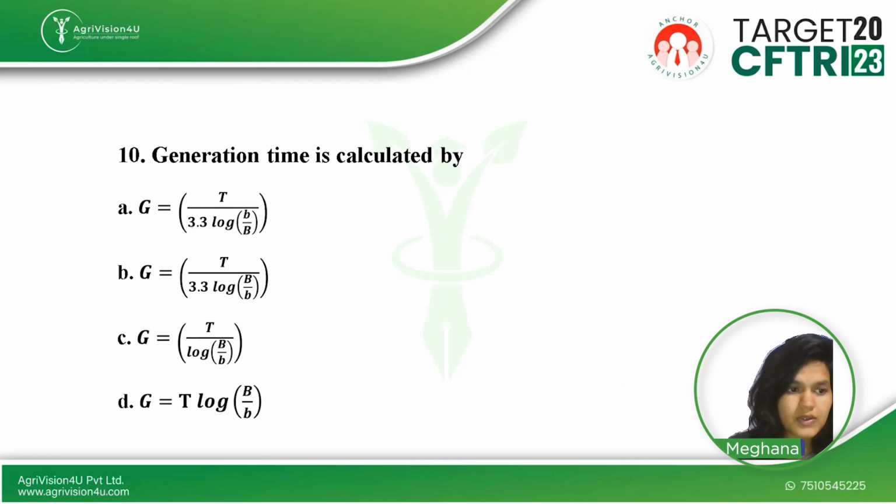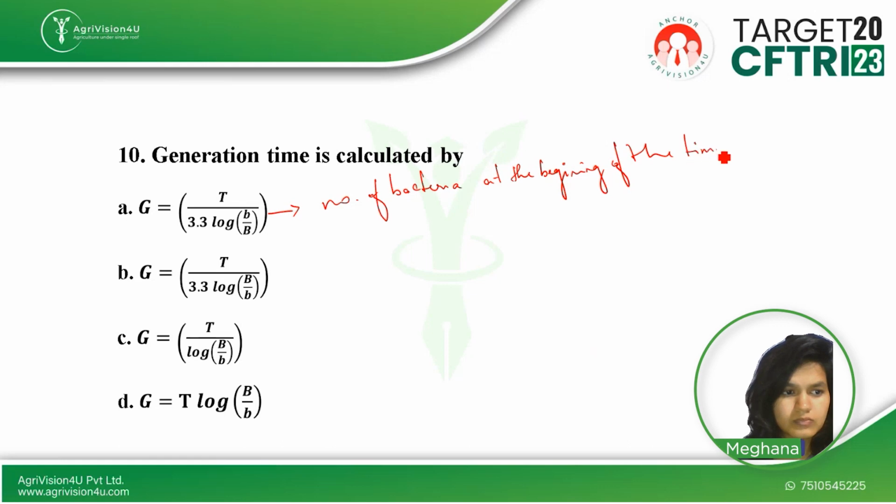Then comes the generation time. The generation time is majorly calculated by, option A, G is equal to T by 3.3 log of b by capital B, where T is the doubling time of the pathogen, small b is the number of bacteria at the beginning of the interval, whereas capital B is the number of bacteria at the end of the time interval.